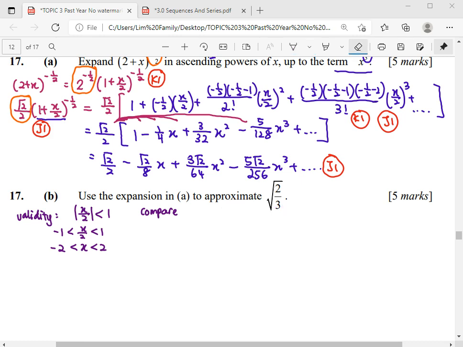Okay, so there is another way we can compare directly. Just now, what I compared was the valid expansion to my 2 over 3. Or I can take my original question, which is 2 plus x to the power negative half, equals 2 over 3 to the power 1 over 2.